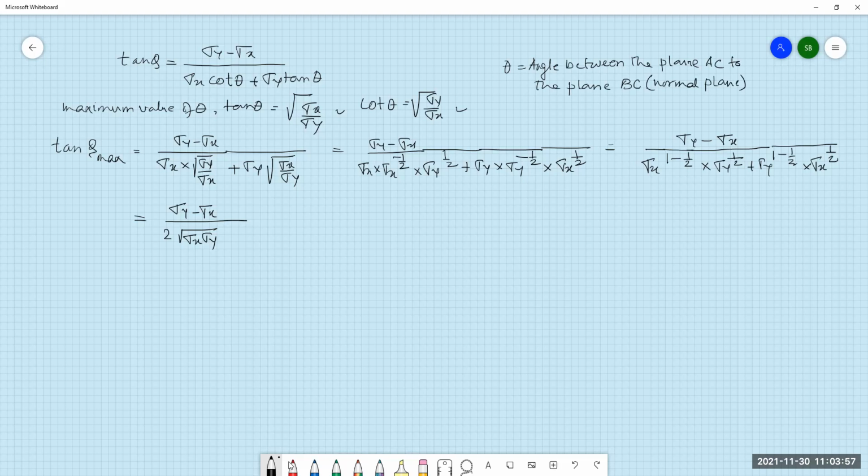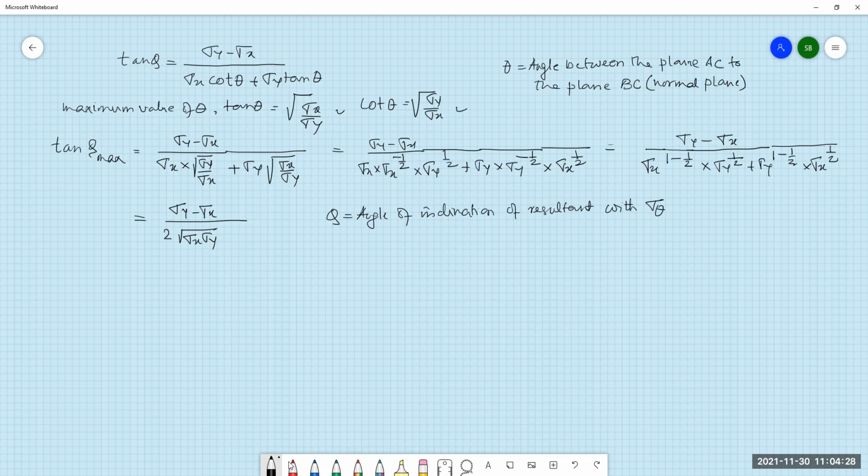And what is the angle phi? It is the angle of inclination of the resultant with sigma theta.